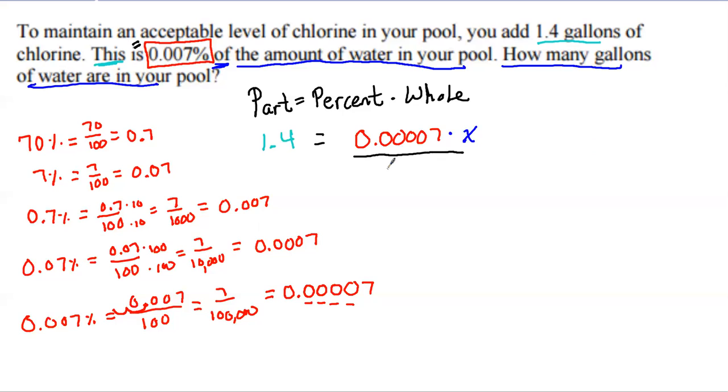All right, so let's get x by itself. We're going to divide both sides of the equation by that number. I'll make sure I get the right number of zeros in here each time. There's 4 zeros in front of that 7. So I need to do 1.4 divided by 0.00007.